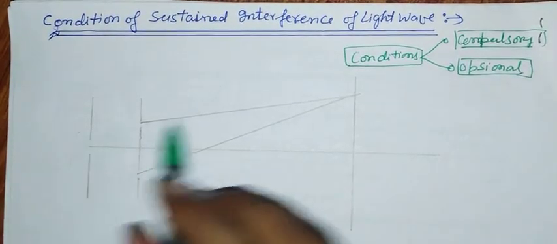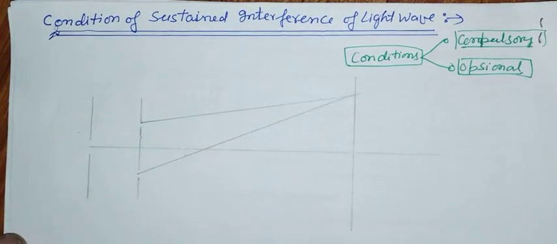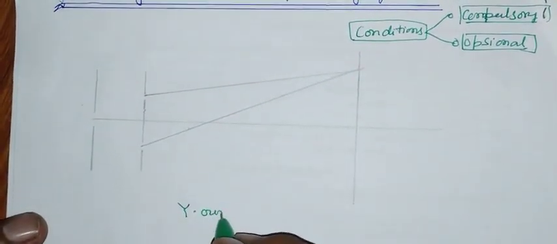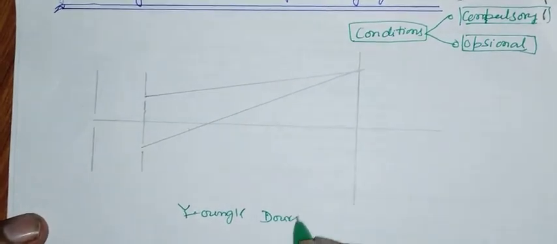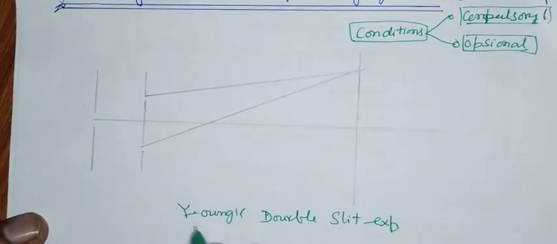In the compulsory conditions, let us look at Young's double slit experiment.